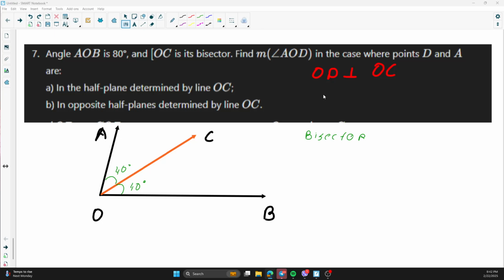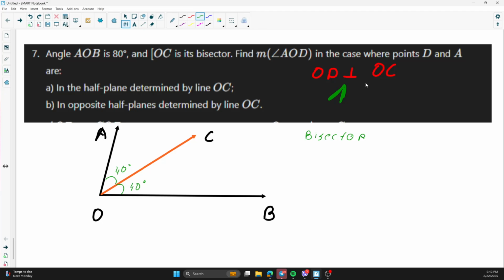I totally forgot about that, and I didn't translate that. OD is perpendicular with OC.